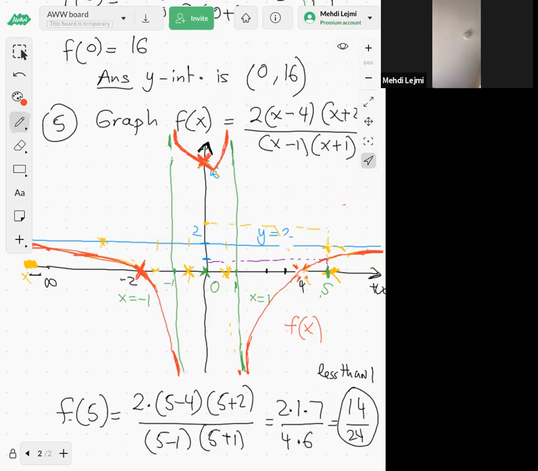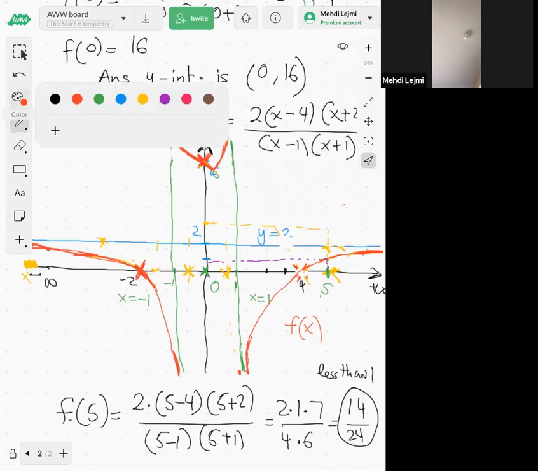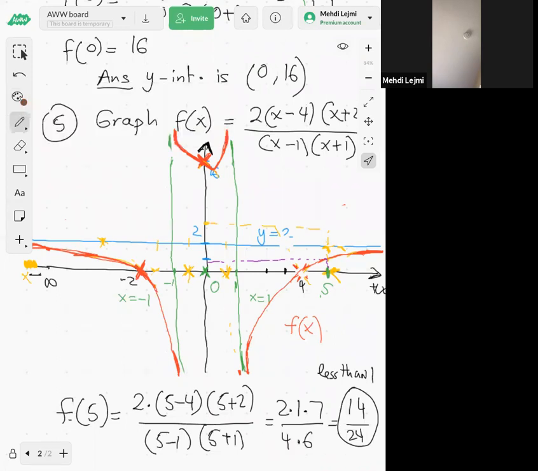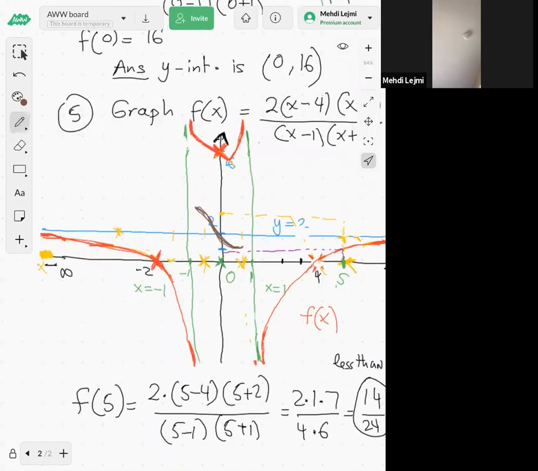However, guys, if you are not close to positive or negative infinity, for example you are somewhere here in the middle, yes, you can cross the horizontal asymptote, that's not a problem.